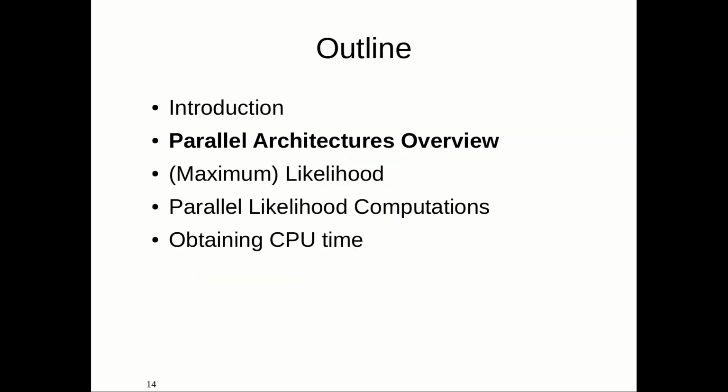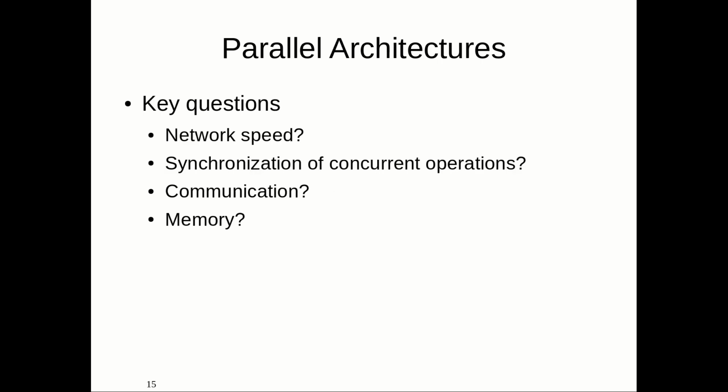Okay, so now I'll just give you a brief overview of parallel computer architectures, because it is important to know what kind of architectures we're running our codes on. If we consider parallel architecture, some of the key questions are: what is the network speed?